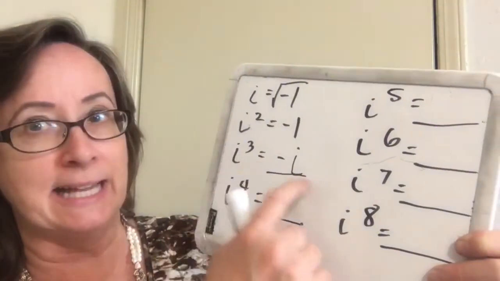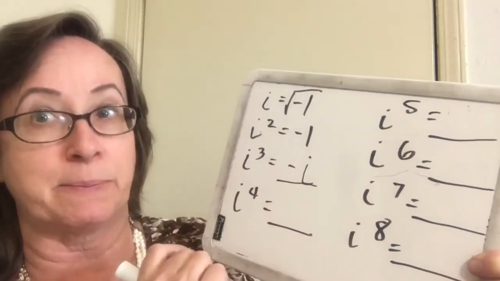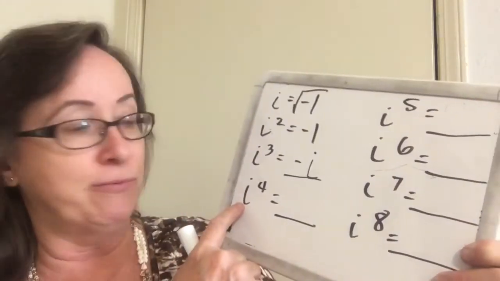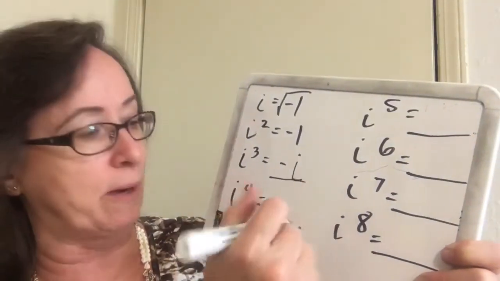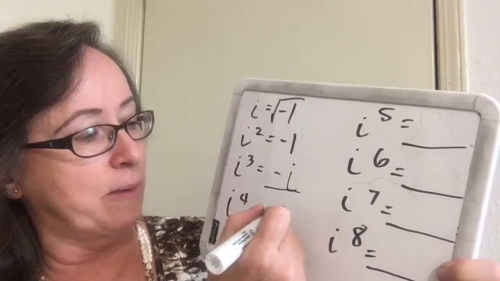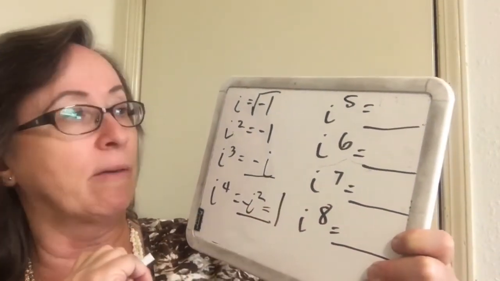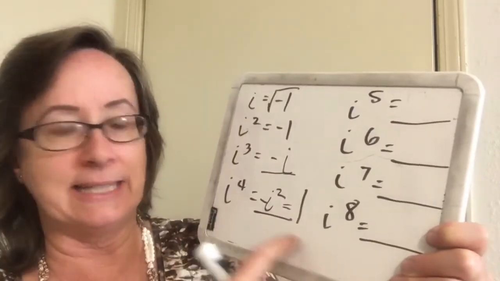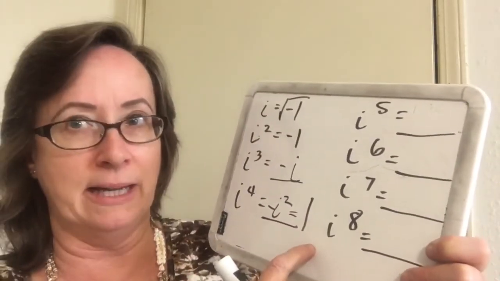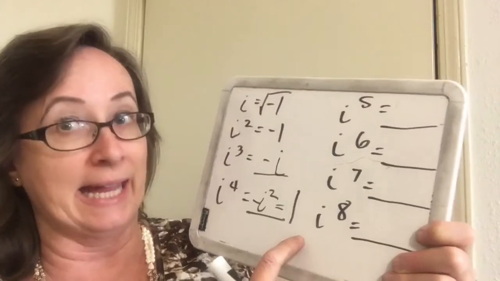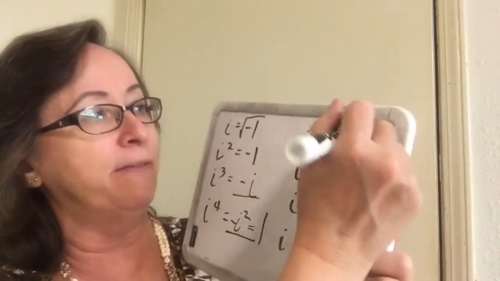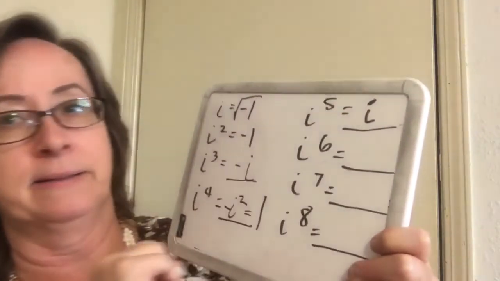And then if I take this identity and multiply both sides by i, I get i to the fourth is negative i squared. And negative i squared is negative a negative 1, which is positive 1. Then I take this identity, i to the fourth is 1, and multiply both sides by i again, and I get i to the fifth is 1 times i, which is i.